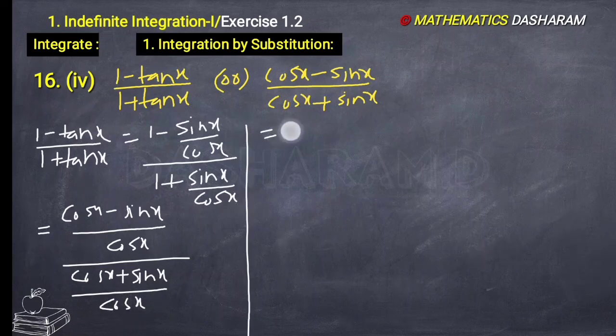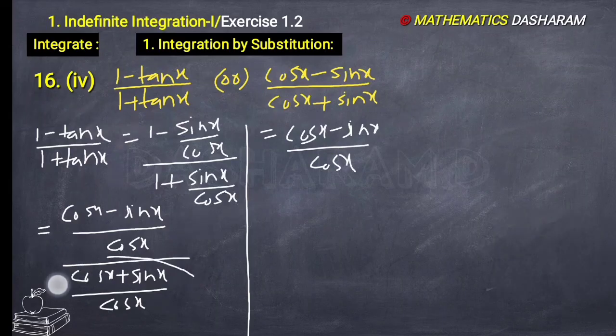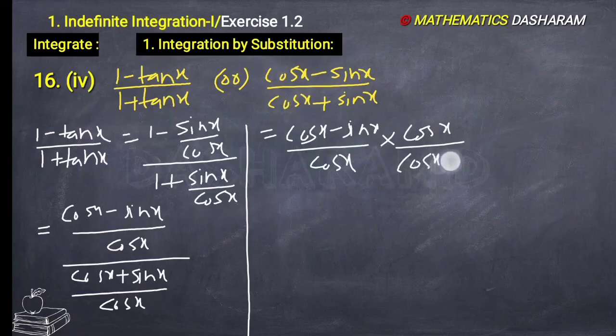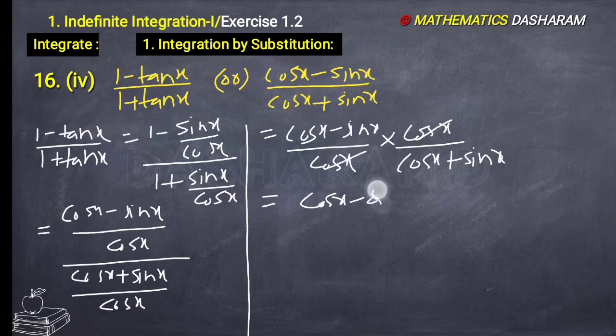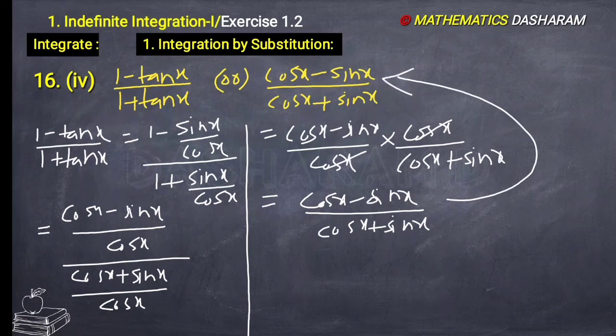So it equals cos x minus sin x by cos x, and this fraction becomes reversed, so cos x by cos x plus sin x. Now both are cancelled. Cos x minus sin x divided by cos x plus sin x. So now we got this one.